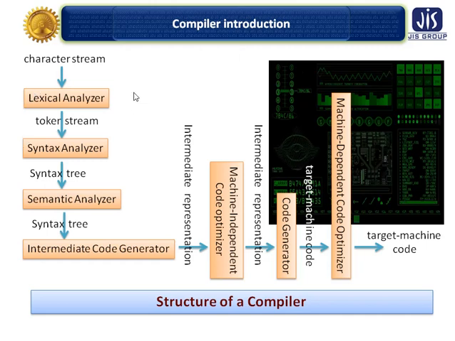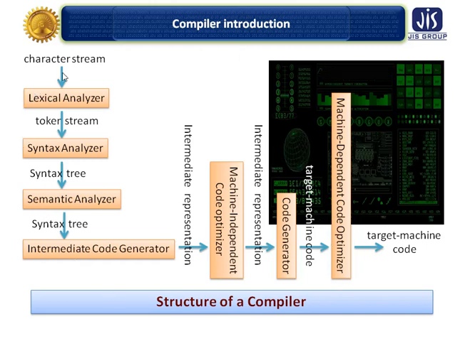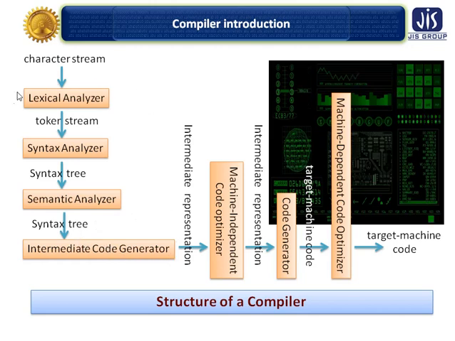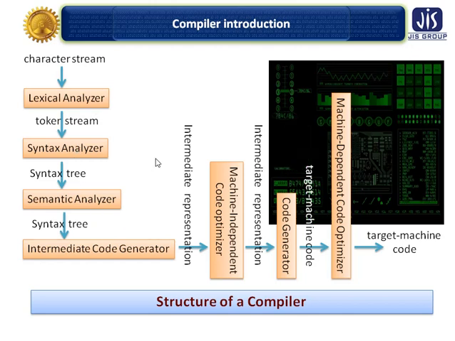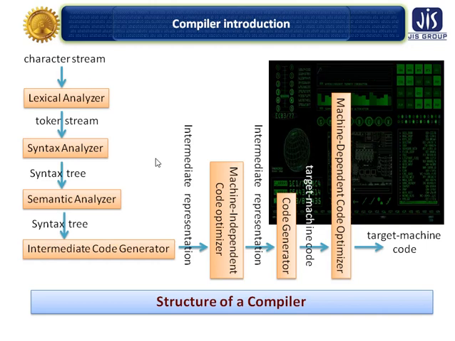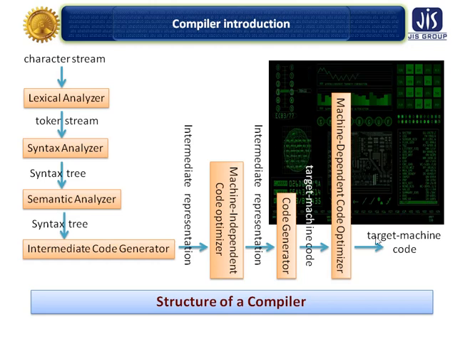So these all are parts of the compiler: lexical analyzer, syntax analyzer, semantic analyzer, intermediate code generator. All of these will work together to make your code error free and syntactically correct. After that, the code will be converted to the target machine code.